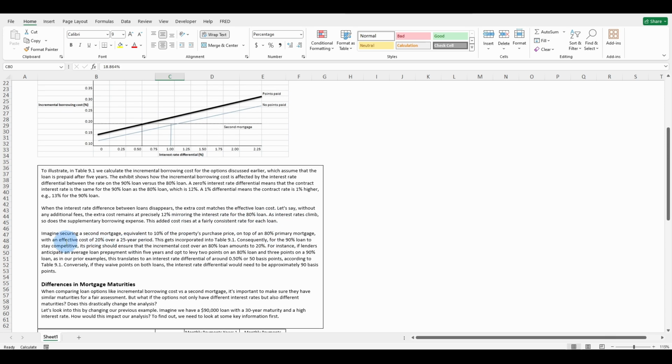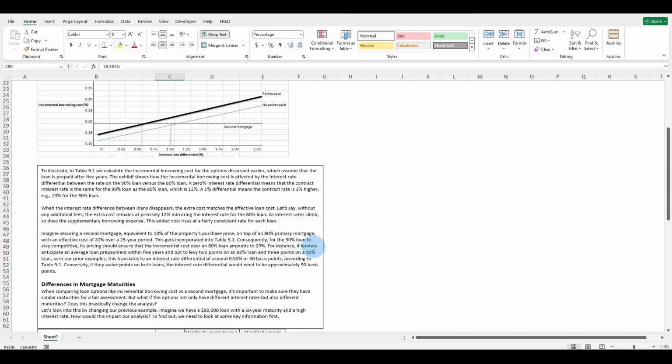Imagine securing a second mortgage equivalent to 10% of the property's purchase price on top of an 80% primary loan, with an effective cost of 20% over a 25-year period. This gets incorporated into Table 9.1. Consequently, for the 90% loan to stay competitive, its price should ensure that the incremental cost over an 80% loan amounts to 20%.